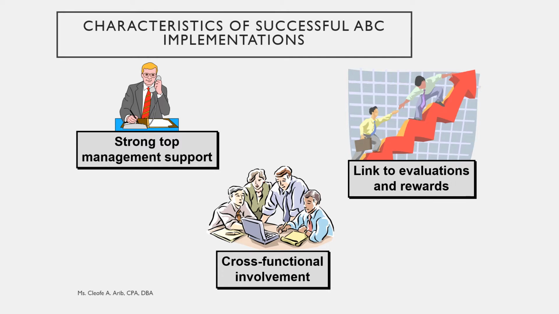Second, top managers should ensure that ABC data is linked to how people are evaluated and rewarded. Because if employees continue to be evaluated and rewarded using the traditional or non-ABC cost data, they will quickly get the message that ABC is not important and they will abandon it.